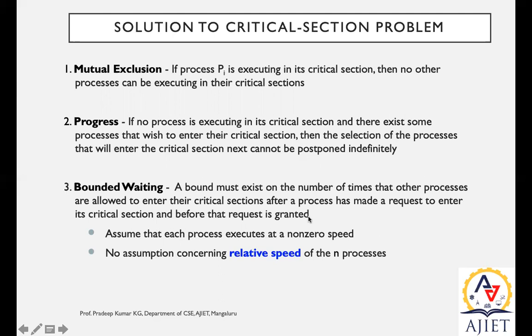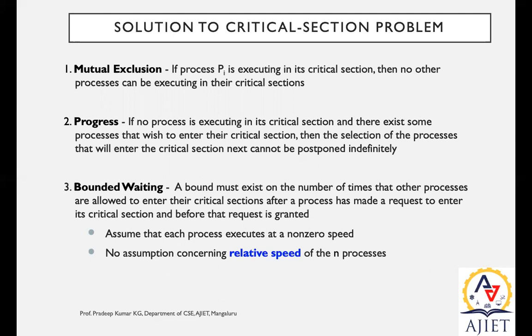So we're supposed to maintain a clear-cut limit or bound on the number of times that other processes are allowed to enter the critical section. Based on that, we can give a chance to the next request.